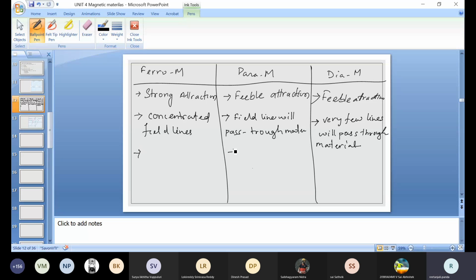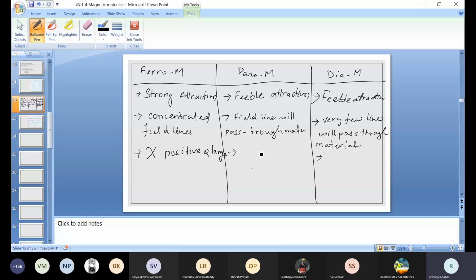Okay, the third difference is their susceptibility. For a ferromagnetic material, the susceptibility is positive and has a very large value. But in the case of a paramagnetic material, the susceptibility is less than unity but positive.